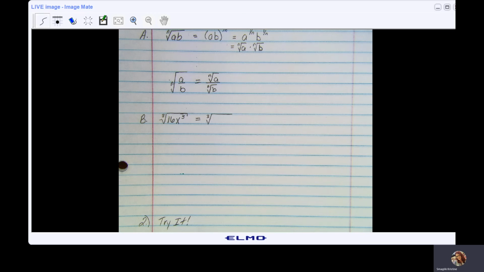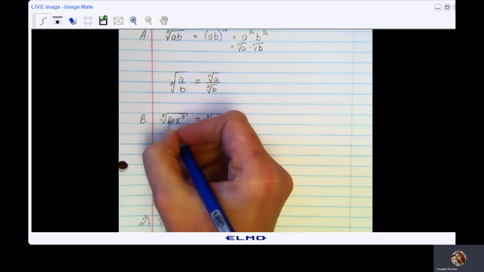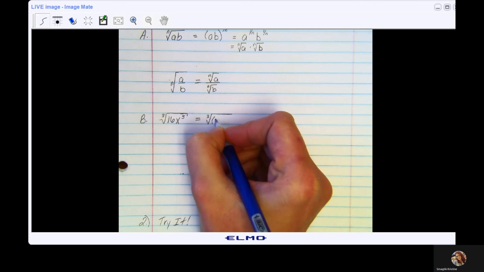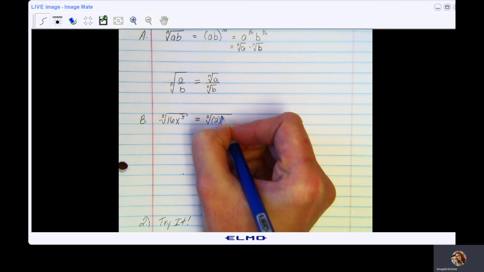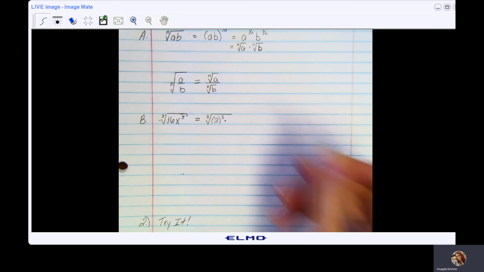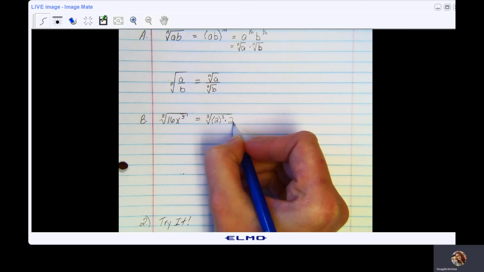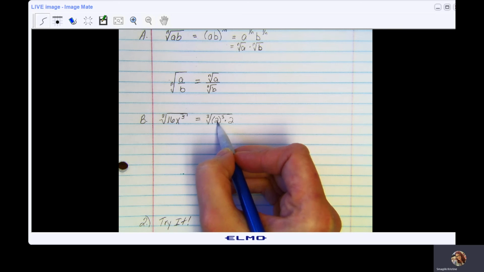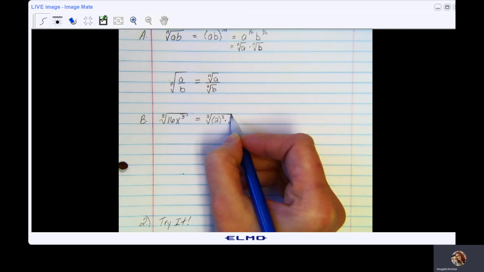Because 2 cubed, 2 to the 3rd power, is 8. So I'm going to break up 16 as 2 raised to the 3rd power times 2. And again, don't forget, 2 to the 3rd is 8. 8 times 2 is 16.